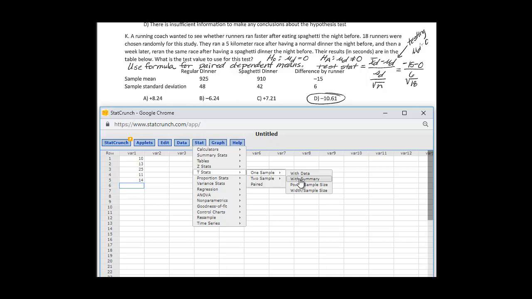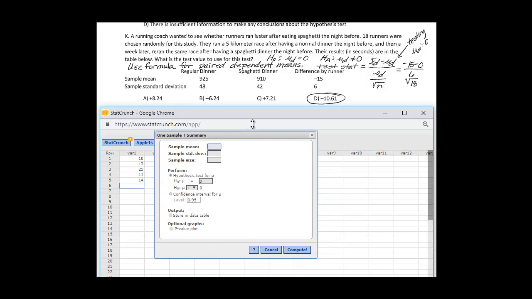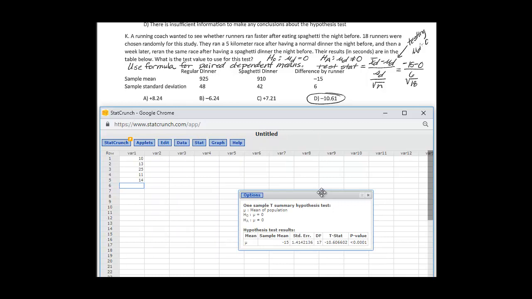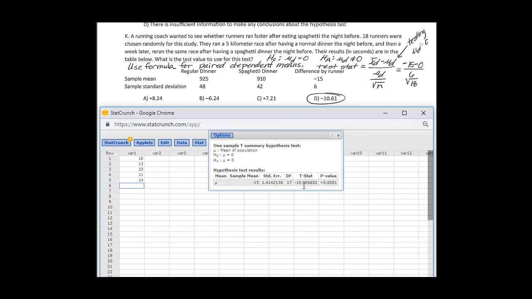So that's the summary information that I'm going to put in with a sample size of 18. So my mean is negative 15. Sample standard deviation is 6, and the sample size was 18. Everything is set to default, and I end up with a negative 10.61 T-stat, which is what they're asking for.